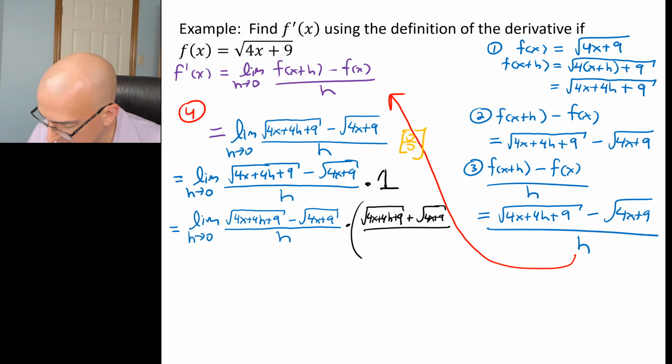Change that to a plus sign. 4x plus 4h plus 9 plus square root of 4x plus 9.